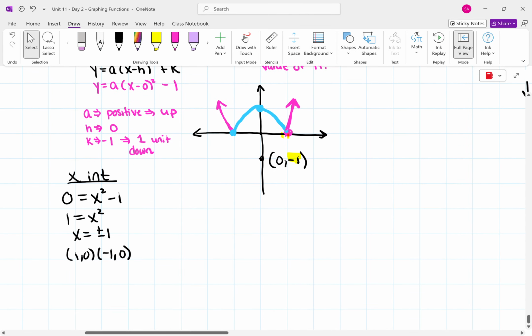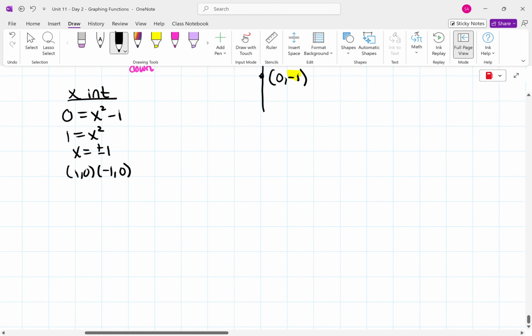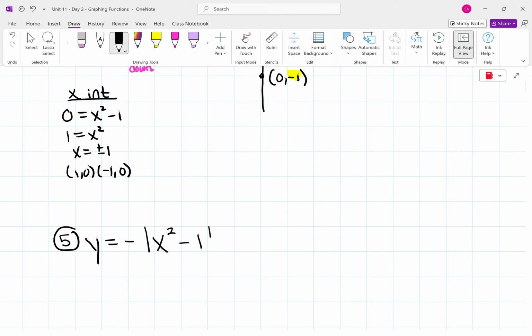Okay, I'm going to do the same exact problem now, but I'm going to add one more thing to it. Y equals the negation of the absolute value of x squared minus 1. So what have I added here?